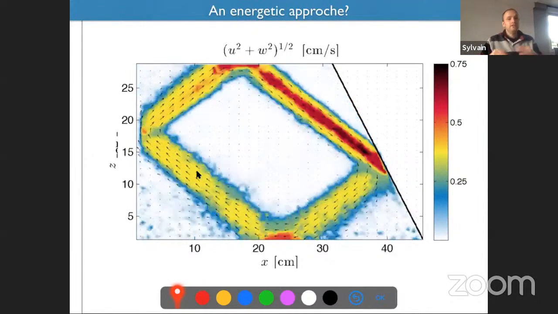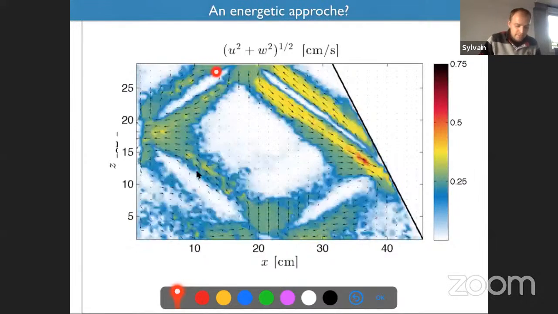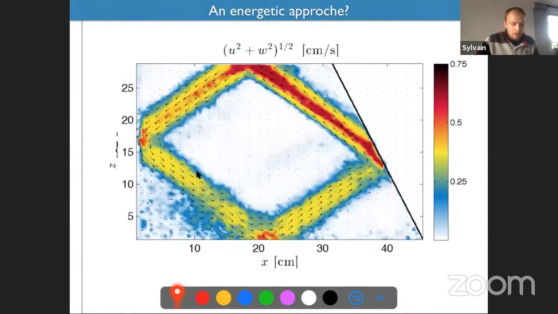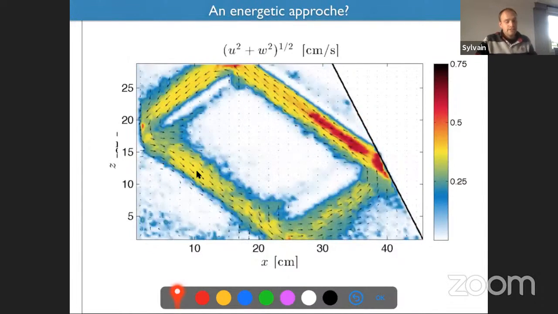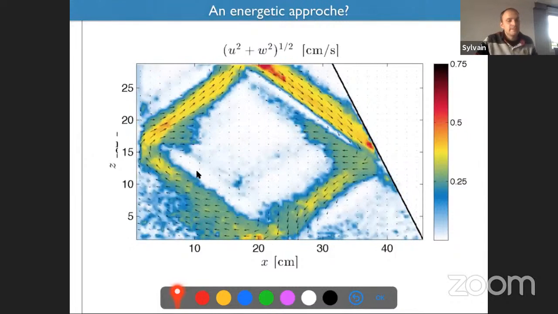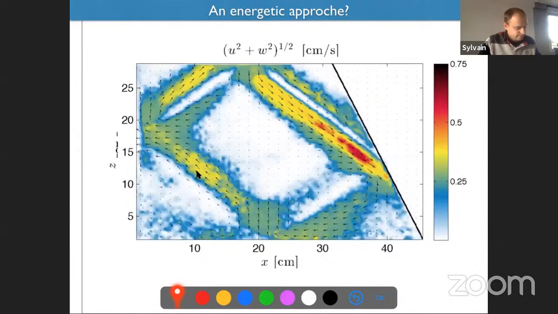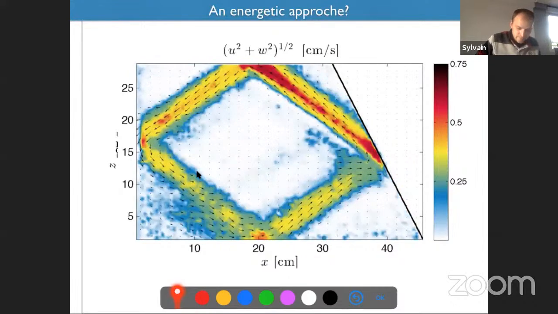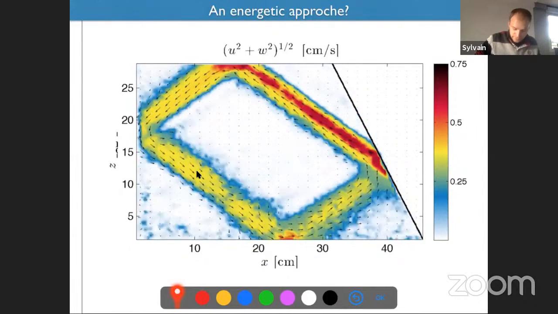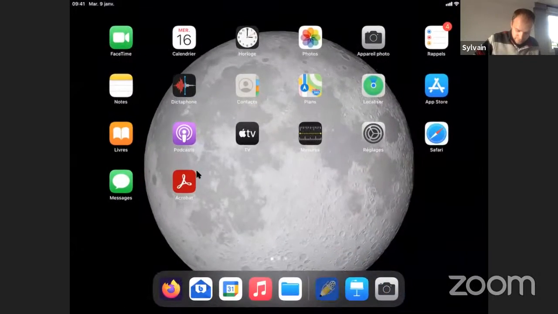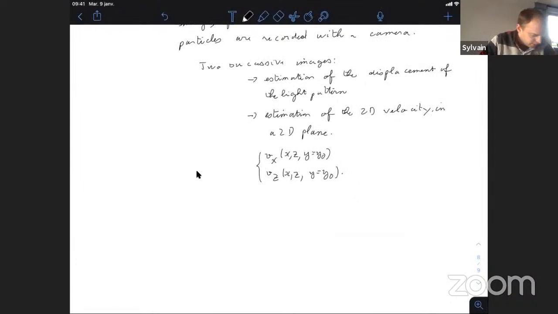And in this way, using this technique, we have a nice estimate of the kinetic energy, which is basically shown in these short movies.